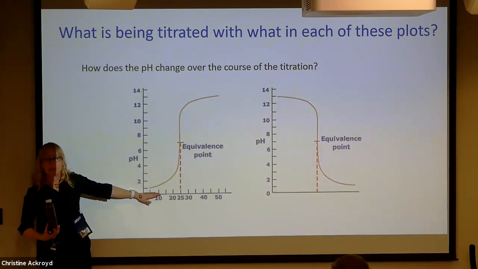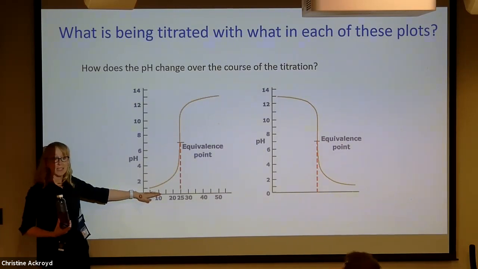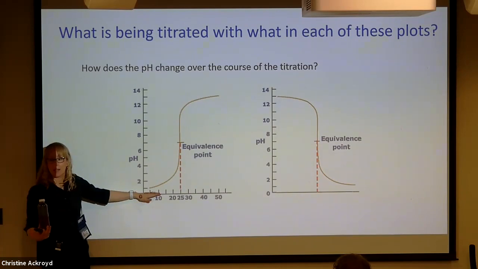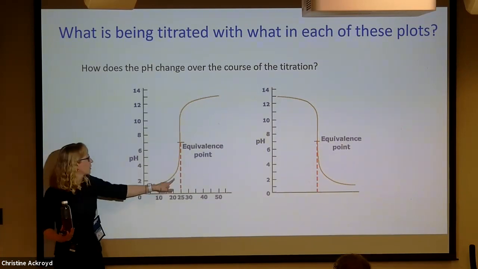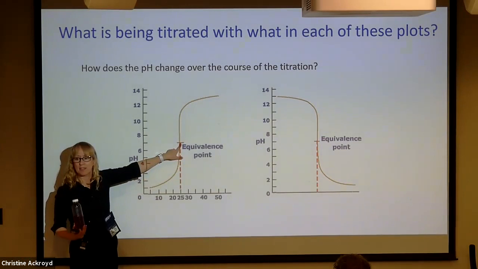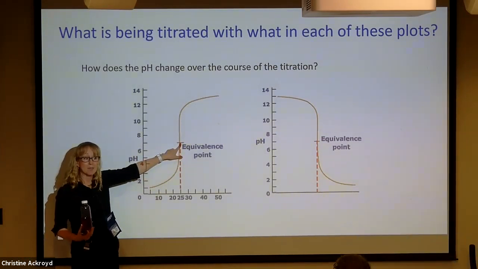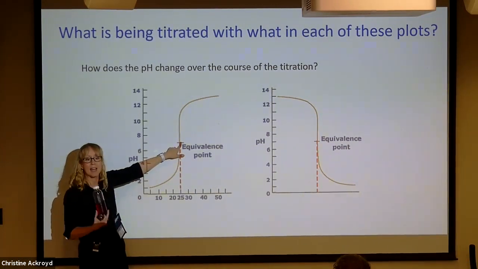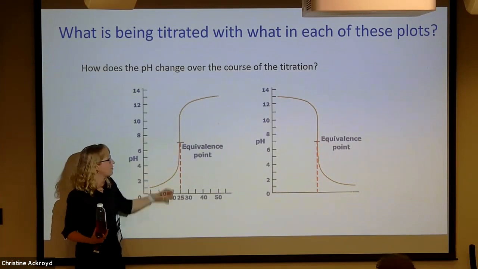What kind of material is our sample? An acid. And so then we must be titrating with what? A base. Equivalence point is at pH 7. What does that tell us? We're titrating a strong acid because when we completely convert the strong acid to the conjugate base, it's unreactive with water and the pH is going to be 7.